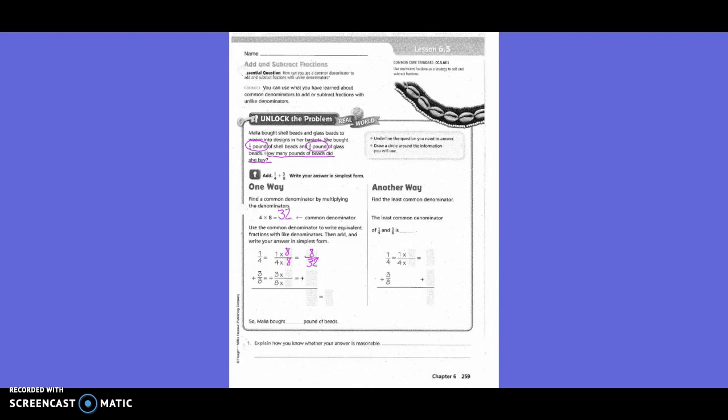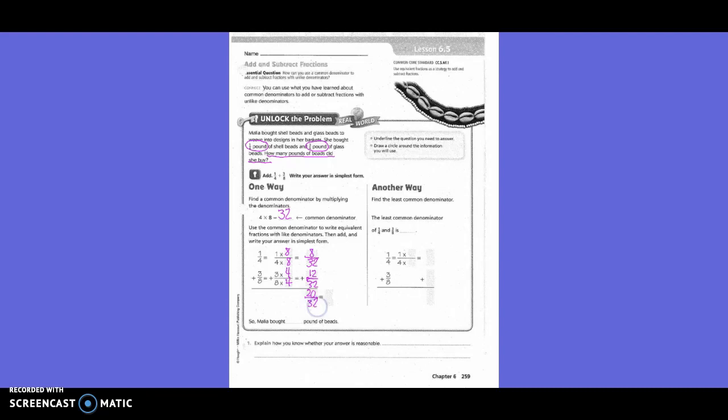Then we said our new denominator was 32. How did I get from 8 to 32? Times 4. 3 times 4, what I do on the bottom, I do on the top. 3 times 4 is 12. So 12 over 32. So what is 8 plus 12? 20. So 20 over 32.